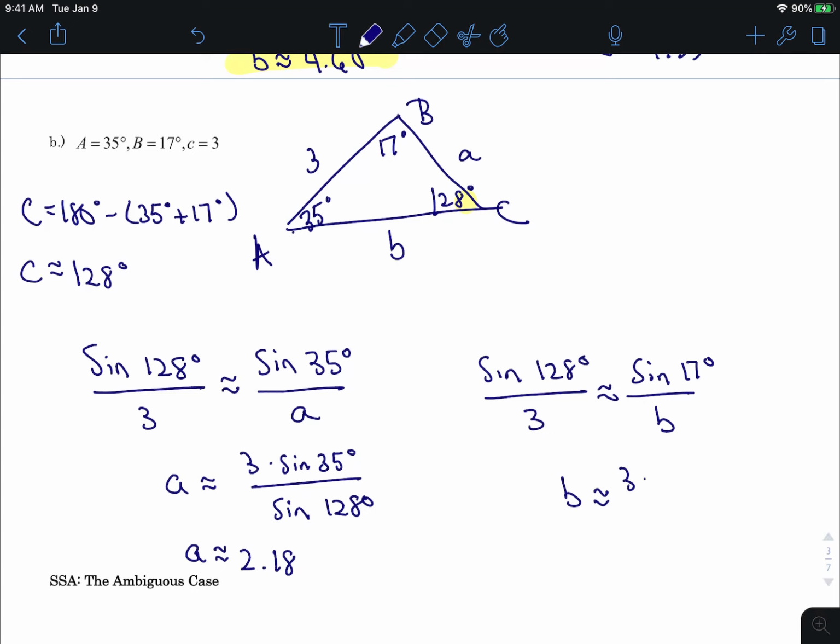So we end up getting 3 times sine of 17 degrees over sine of 128 degrees. And using good old Desmos, we get about 1.11. All right, I'll see you in a second for the ambiguous case.